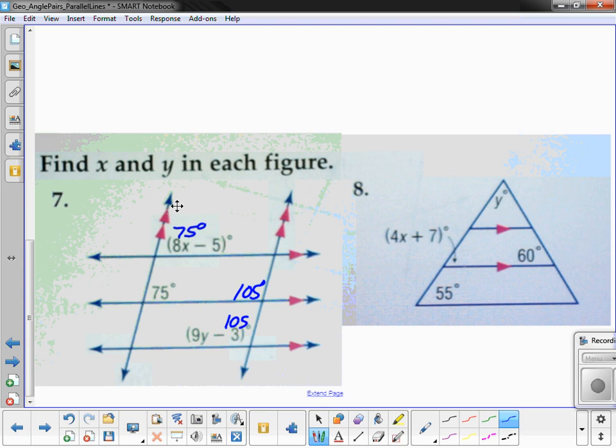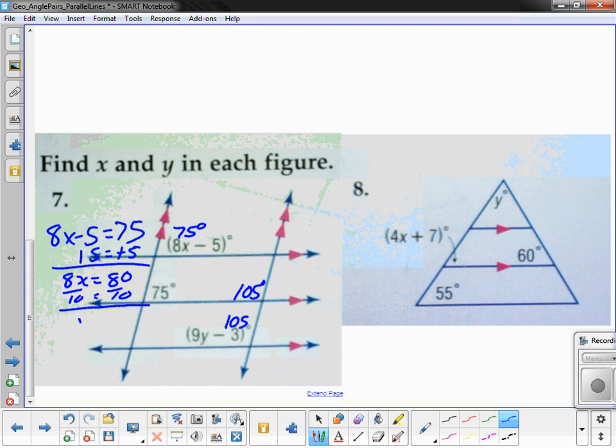So now I have what I have. I can set up the equation. I can say 8x minus 5 has to equal 75 and solve for x. I'm going to add the 5 to both sides. I get 8x equals 80. Then I'm going to divide both sides by 10.